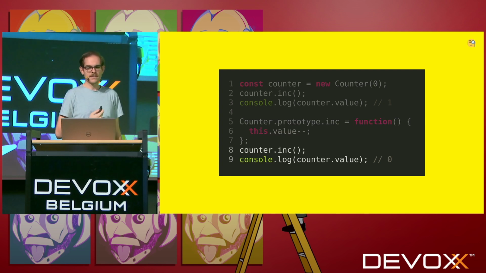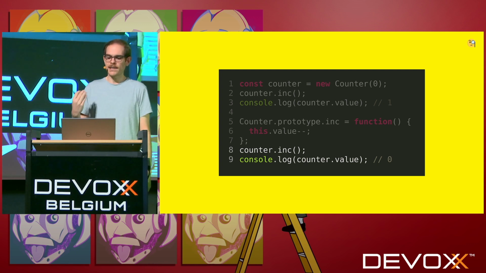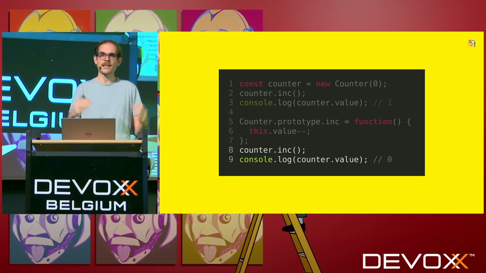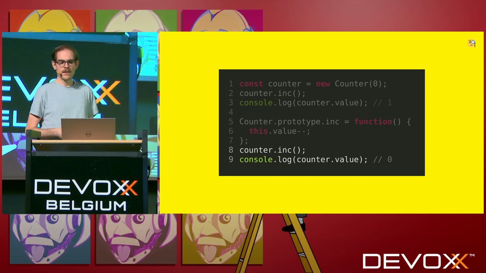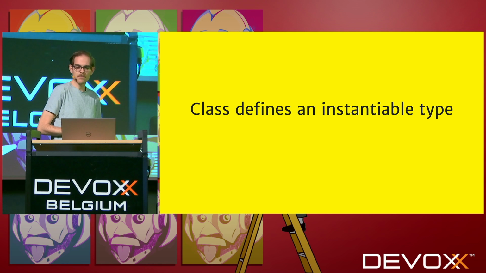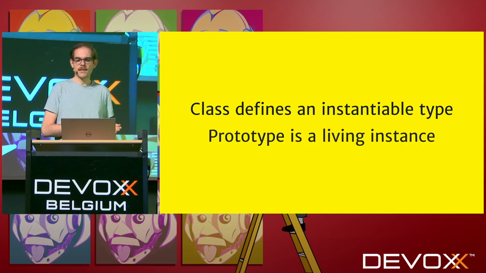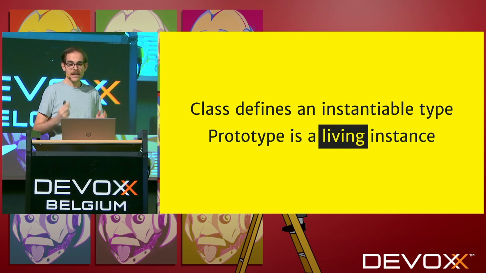So yeah, this doesn't quite match the expectations most of us have about classes as sort of static blueprints. And that's the difference. Typically, a class defines a type, which is later instantiated at runtime. Whereas a prototype in JavaScript is a living object instance itself, then referenced by other objects. And living is the key word here.